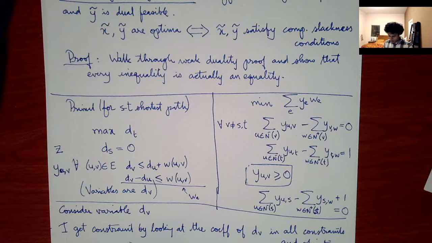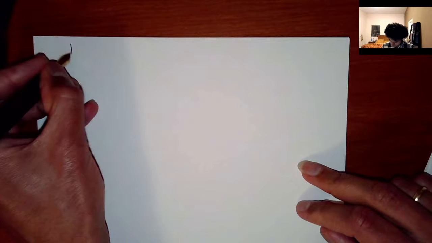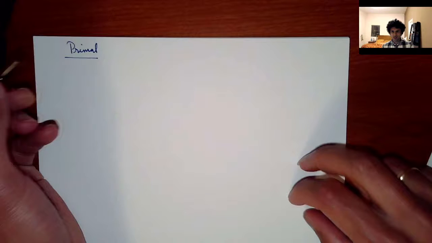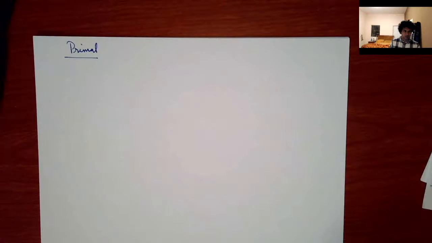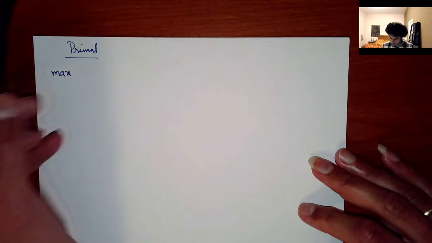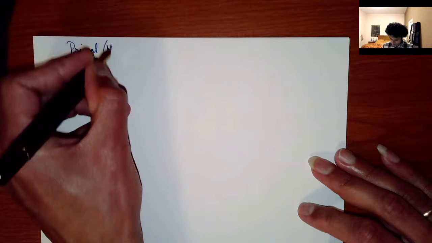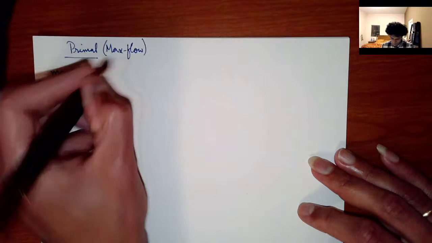All right. Let us now go and look at flows. And let's write out the primal for our capacitated flow and look at the dual. In this case, I'm probably just going to write out the dual, and I can answer quick questions on it, but I would leave it for you to work out yourself if you have specific doubts. So this is for max flow.